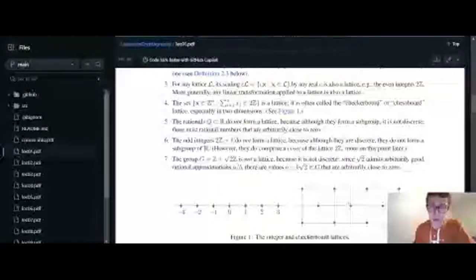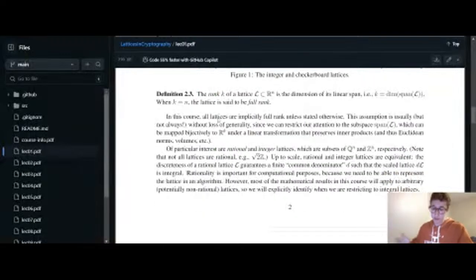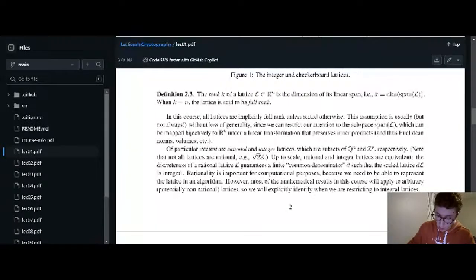I'm not gonna really look at that for now. All right, definition 2.3.